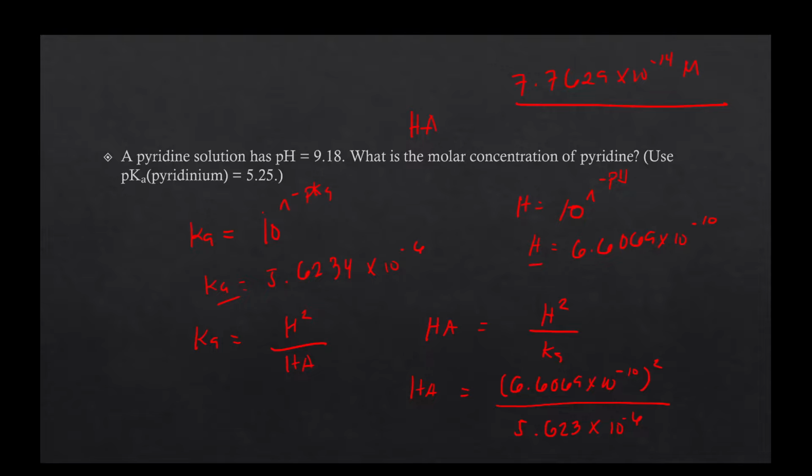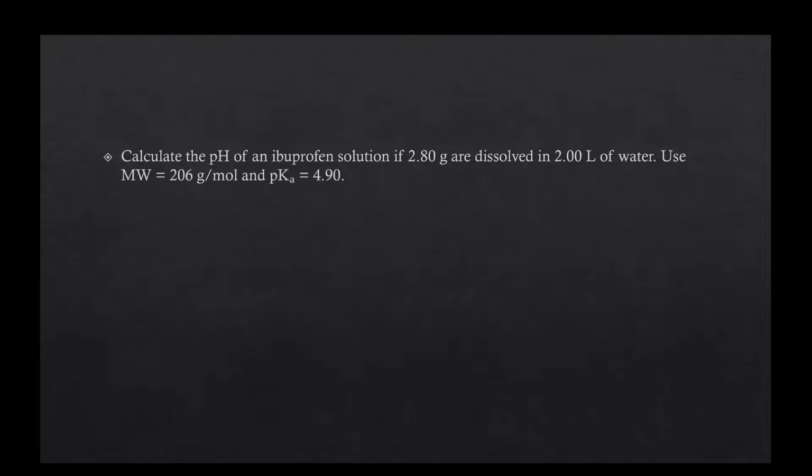Okay. Last question. Calculate the pH of an ibuprofen solution if 2.80 grams is dissolved in 2 liters of water. 2.80 grams divided by molecular weight 206 gram per mole. This would get us moles. 0.1359 moles.